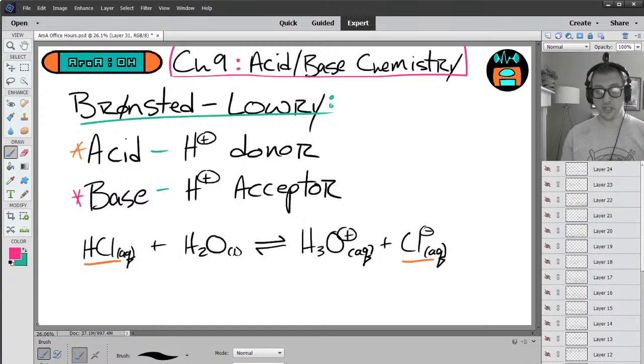If you look at the Bronsted-Lowry definition for a base, it's a hydrogen acceptor. And when you examine water, H2O turns into hydronium, H3O+. You'll notice two key changes. First, you start with 2 hydrogens and end with 3, so you've gained an H. You also start with no charge, and you end with a charge of positive 1, so you've gained a positive charge, which means that water has been a base, a hydrogen acceptor in this reaction. All right, so HCl is your acid, H2O is your base.